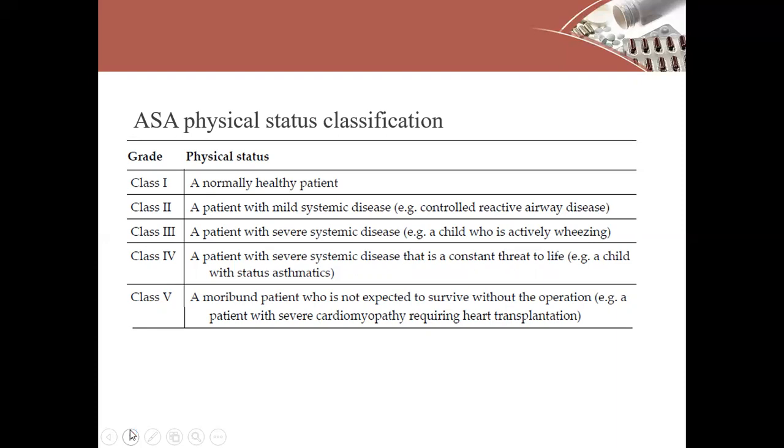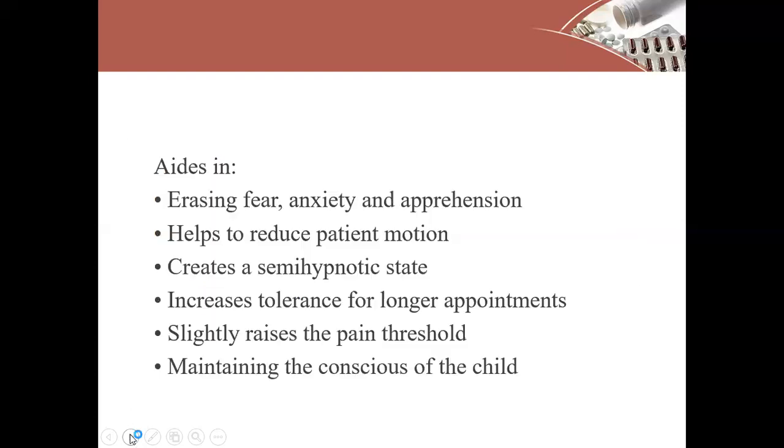Mostly, if the patient is taken under consideration for general anesthesia, the majority will be normal, ASA class 1. Whereas if the child requires clearance for cardiac surgery or any other surgical procedures, then it might vary based on the child's systemic illness.